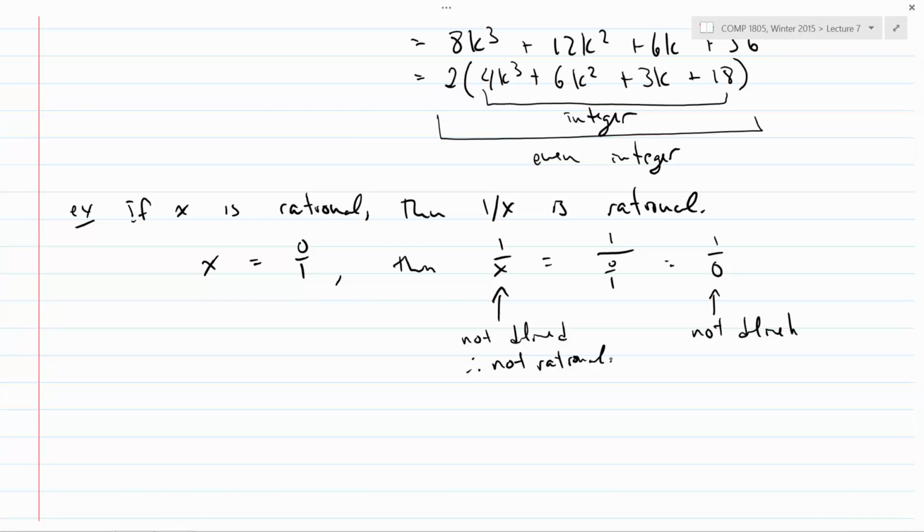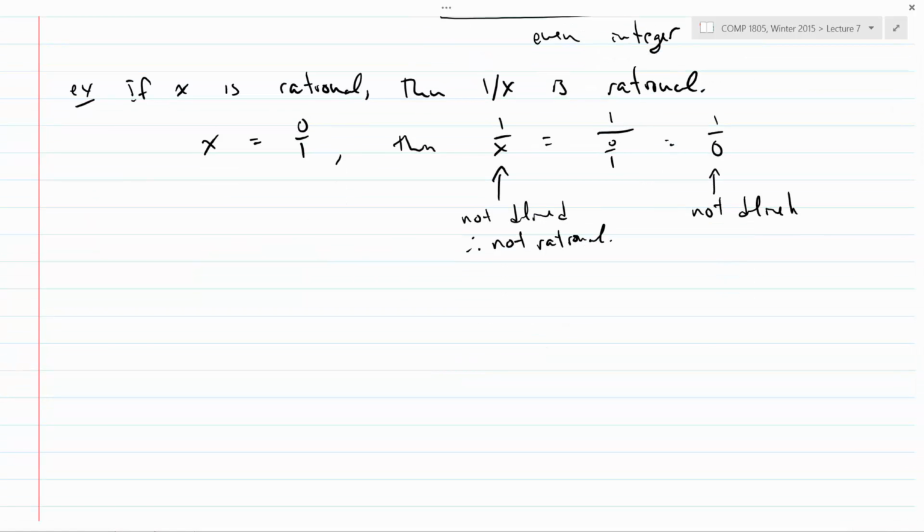Is there a statement that's very close to the statement that is true? Yep. Right, so if x is any rational number except 0, then this is true. And I'll show you. So this is not true.